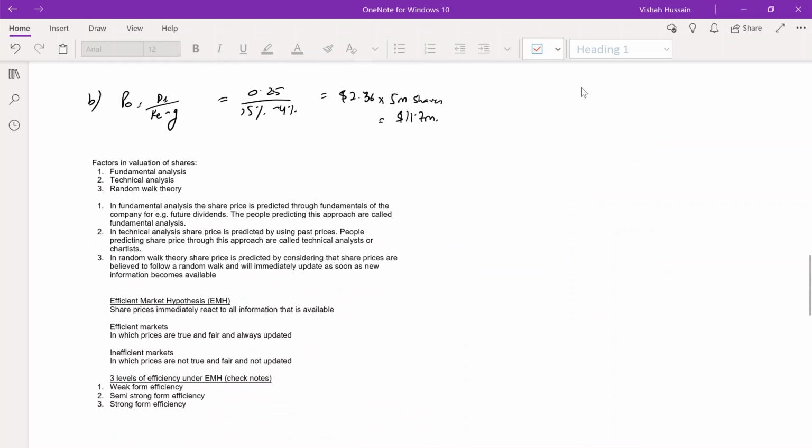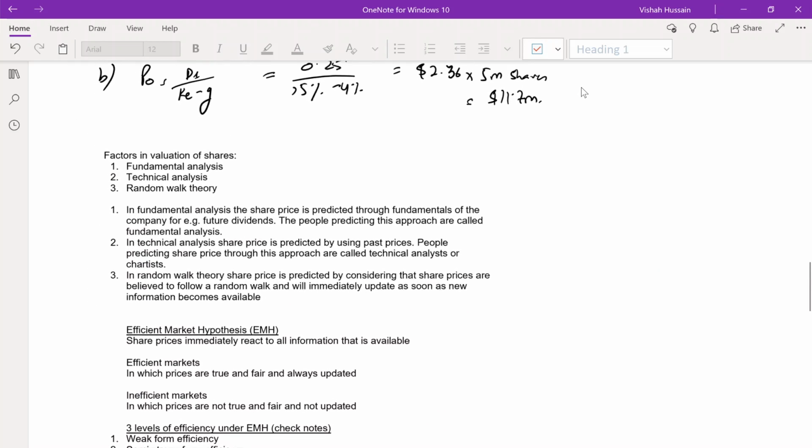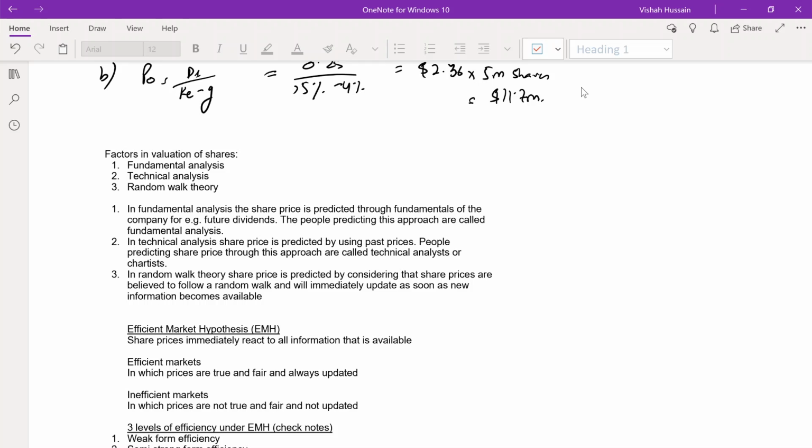Next we have is the EMH. Factors in valuation of shares: fundamental analysis, technical analysis, and random walk theory. In fundamental analysis, the share price is predicted through the fundamentals of the company in order to compute some important calculations for the future, for example, future dividends.